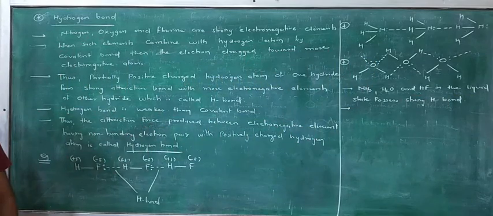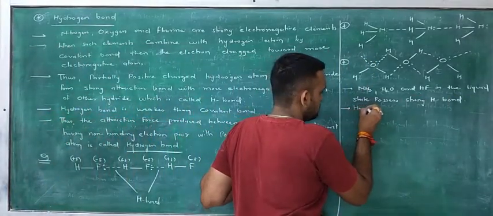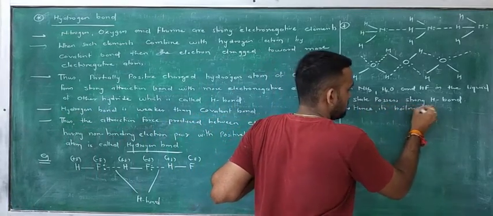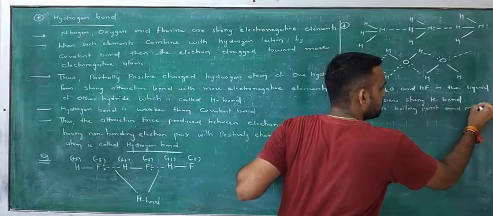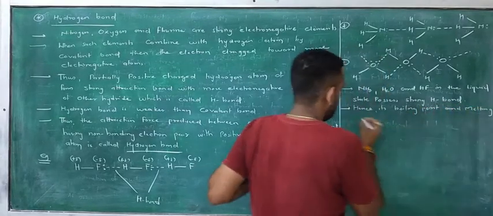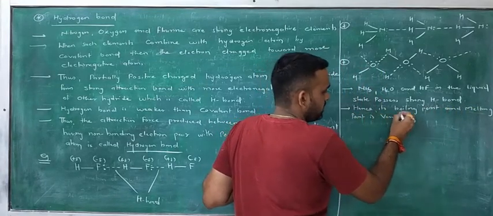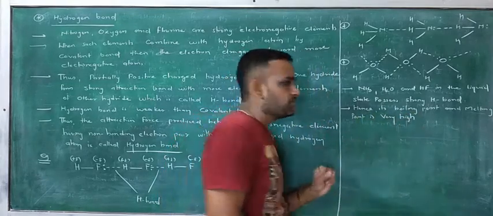As a result, the boiling point and melting point will be very high. Hence, its boiling point and melting point is very high as compared to that of other hydrides of the same group.